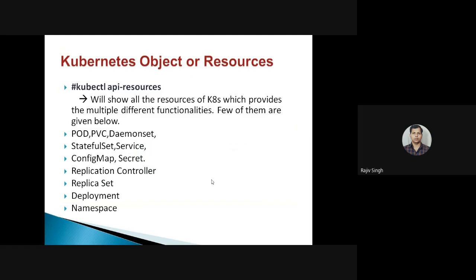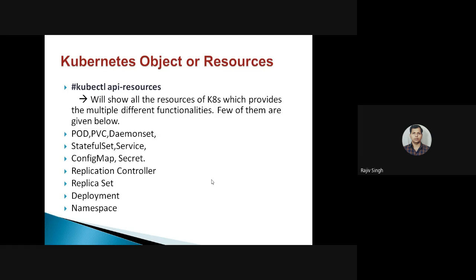Okay. So we have discussed Kubernetes and its components, the master node, the worker node, and all the components which reside inside the master and the worker. Now we will discuss the Kubernetes objects, which provide Kubernetes with many functionalities. The command for these resources is kubectl api-resources. When you run this command in your cluster, you will get a number of resources.